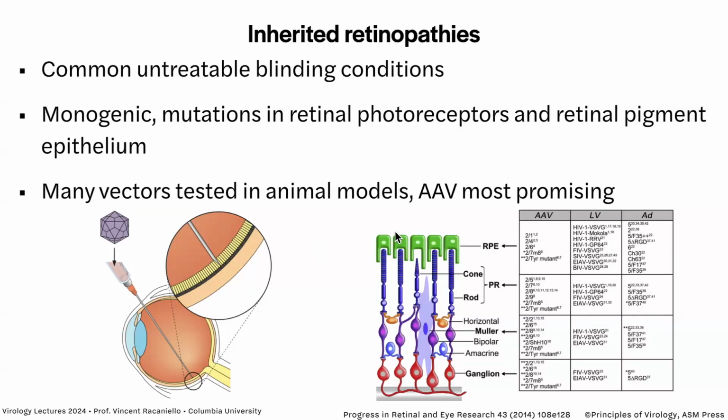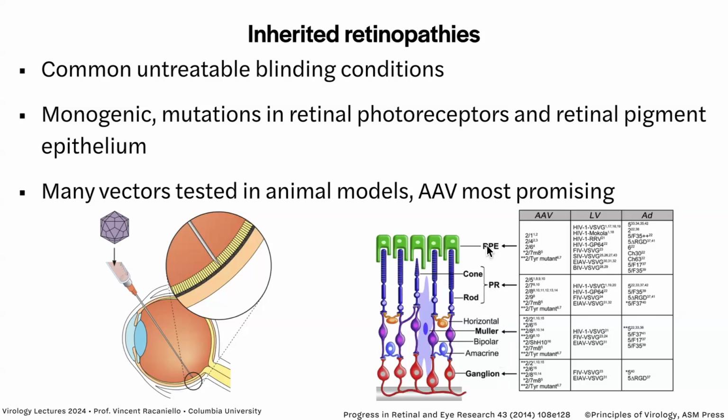There's the eye, of course. In the back of the eye, the retina consists of the retinal photoreceptor epithelium, and these are connected to the nerves by cones and rods. And there are many defects in these cells.